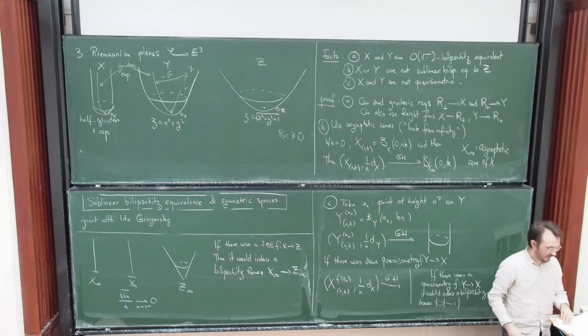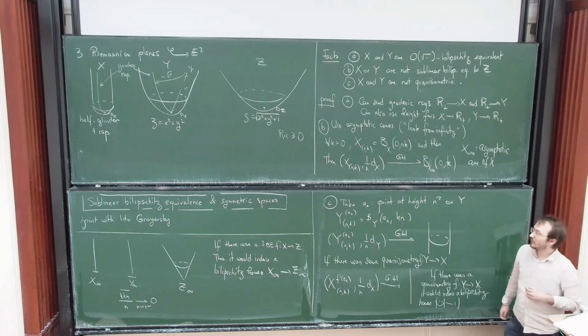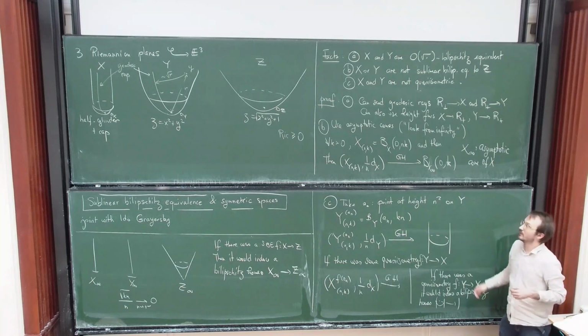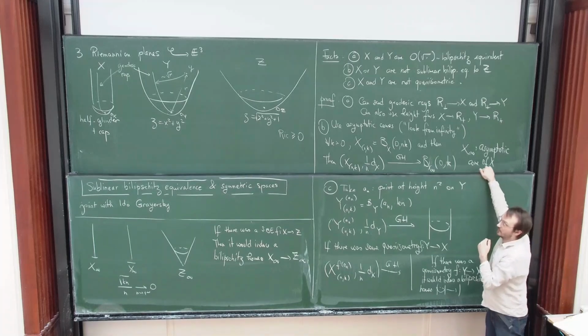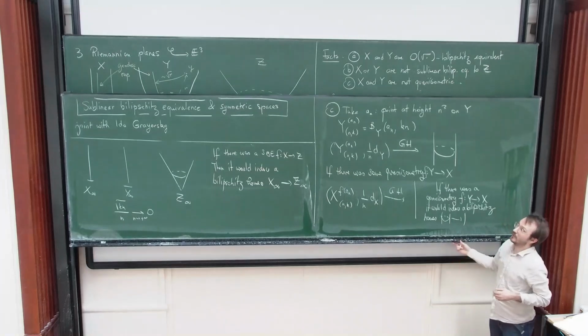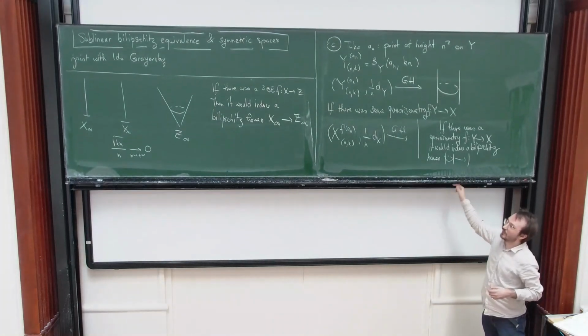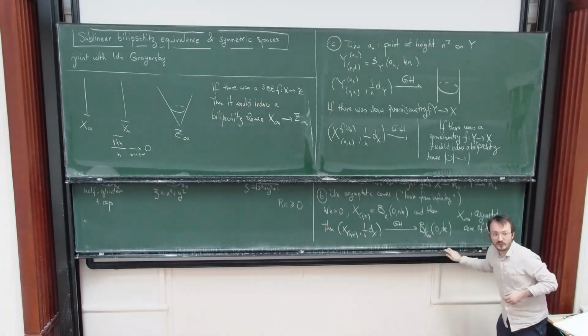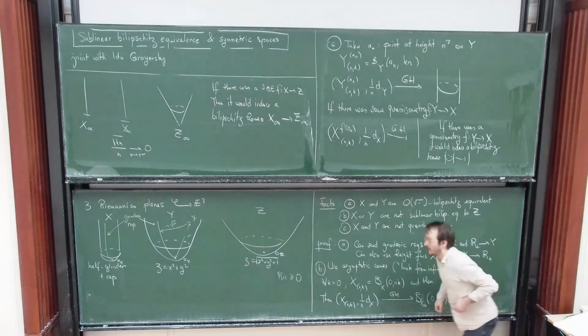Okay. So these are somehow a bit artificial, but now there are examples of homogeneous manifolds which are linear bilipschitz equivalent but not quasi-isometric.